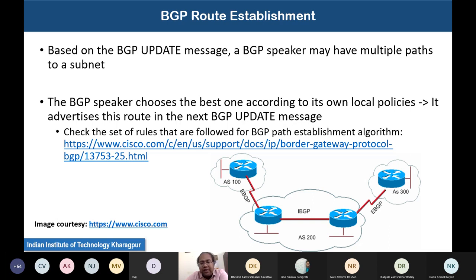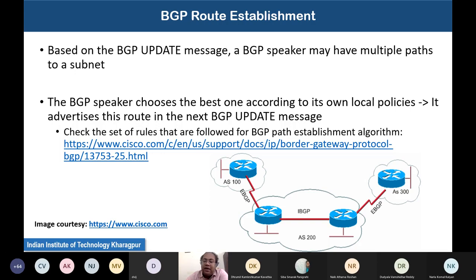Now the question is, whenever a BGP supported router needs to forward a particular packet or decides about the next autonomous system where it wants to forward the packet, how will it decide? It decides based on a complex algorithm that combines different internet policies with other factors, and it gives priority to different types of traffic.